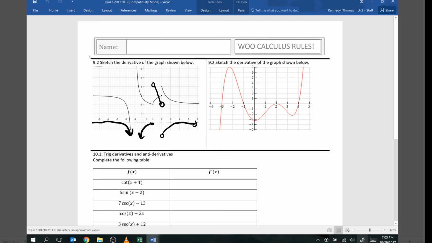Alright, for the other one, this is like a truly continuous graph. All we do is we go to all of the maxes and mins and mark off our zeros. So there's a min, mark off a 0. There's a min, mark off a 0. A min, there, mark off a 0. Or max, whatever. Here we have a positive slope.